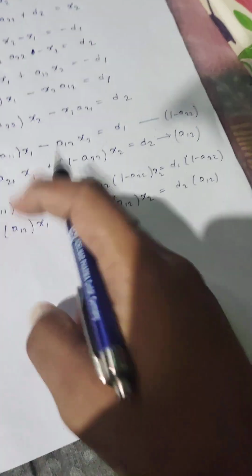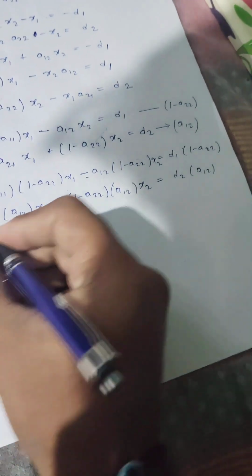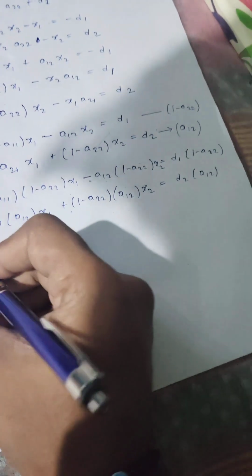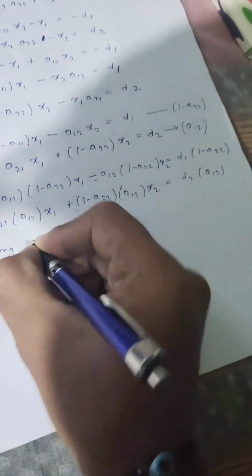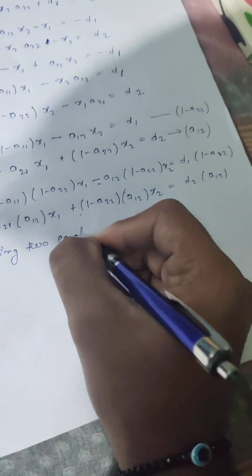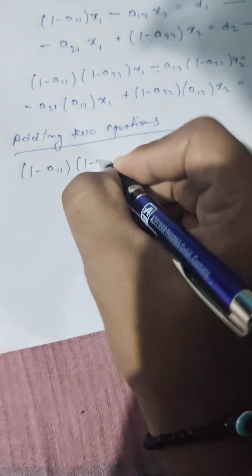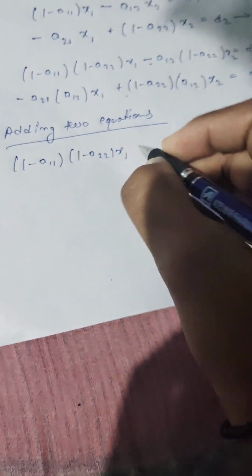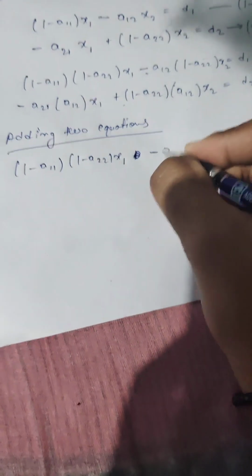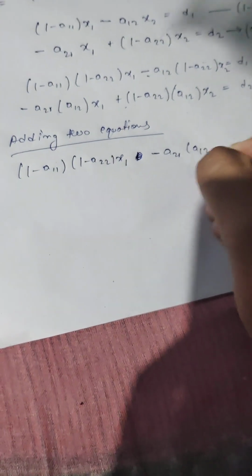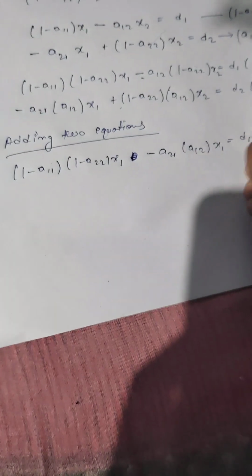If we add these two equations, we will have 1 minus A11 into 1 minus A22 X1 plus minus A21 multiplied by A12 X1 will be equal to D1 1 minus A22 plus D2 A12.